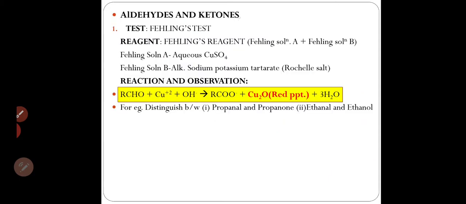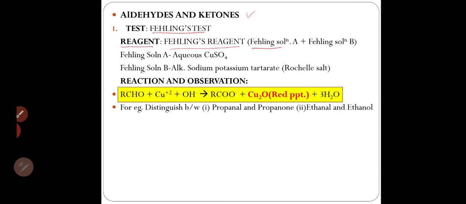Now next, you can again distinguish between aldehydes and ketones. So how do we distinguish aldehydes and ketones? The test is Fehling's test, and the reagent is Fehling's reagent. Now what is Fehling's reagent?